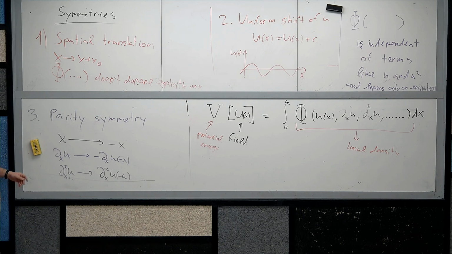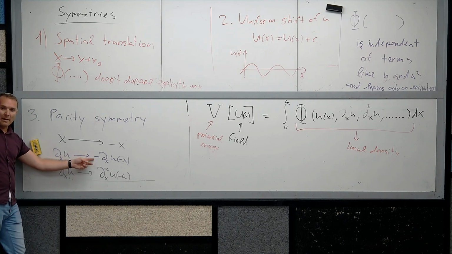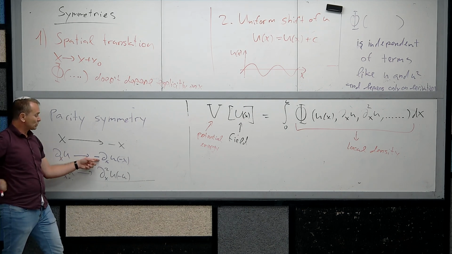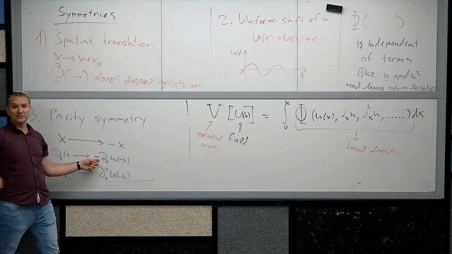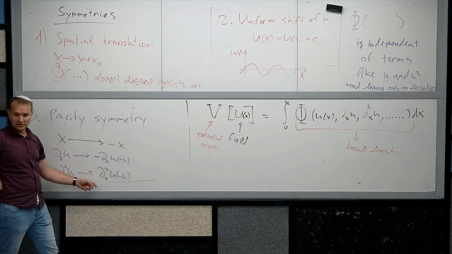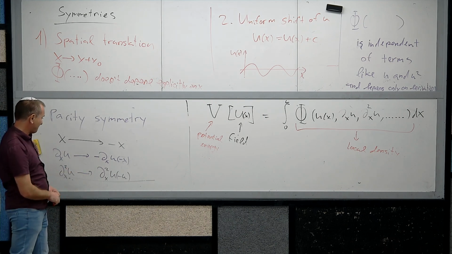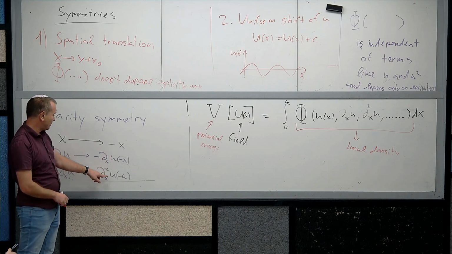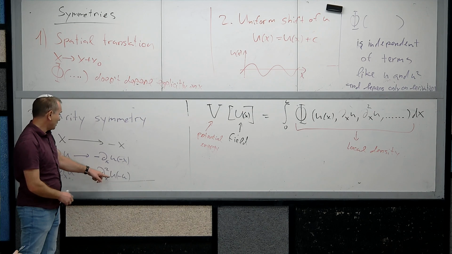So if I would have a first order derivative in my density, it will flip sign. This is something that I don't want. The second order derivatives won't flip signs. Sorry? Minus u? Minus u as a function of minus x, yes.